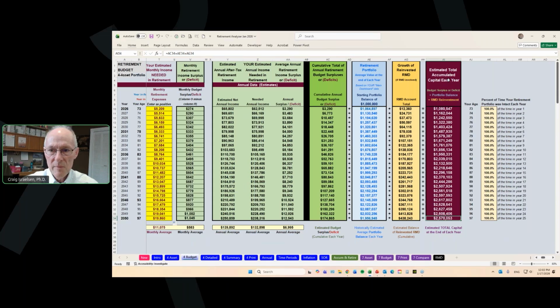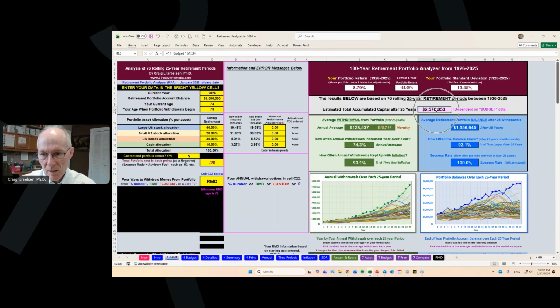That is the estimated total accumulated capital, which is a function of three numbers: budget surplus or deficit, retirement portfolio, and reinvested RMD, 2.57. Now we go back to the asset tab. There's that number right there, 2.57. That's the estimated total accumulated capital after 25 years.